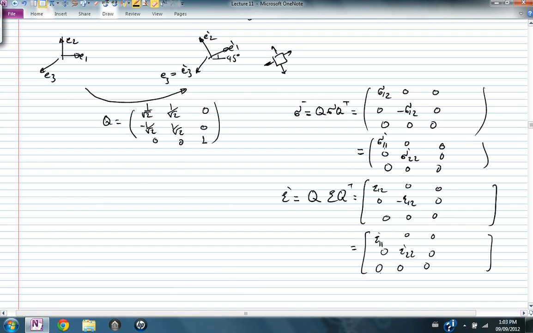Now in the new coordinate system, since the material is linear isotropic, I know that the relationship does not change.